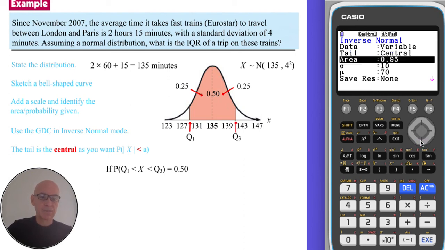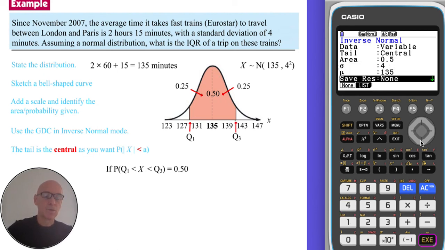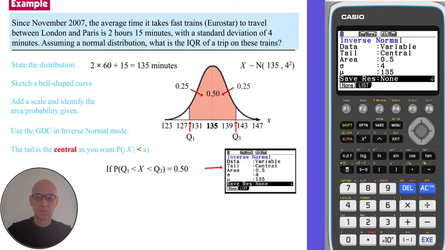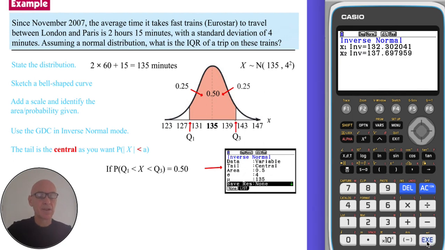And scroll down and set the area to equal 0.5, standard deviation to equal 4, and the mean to equal 135. Press execute and it will display the two values of x.